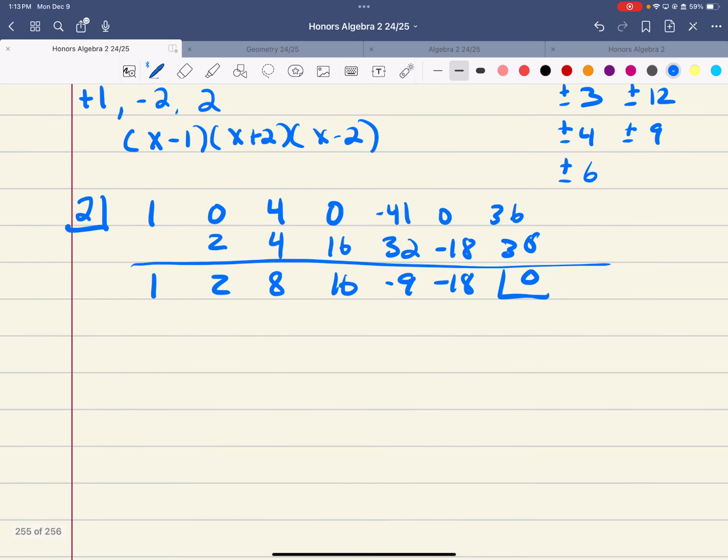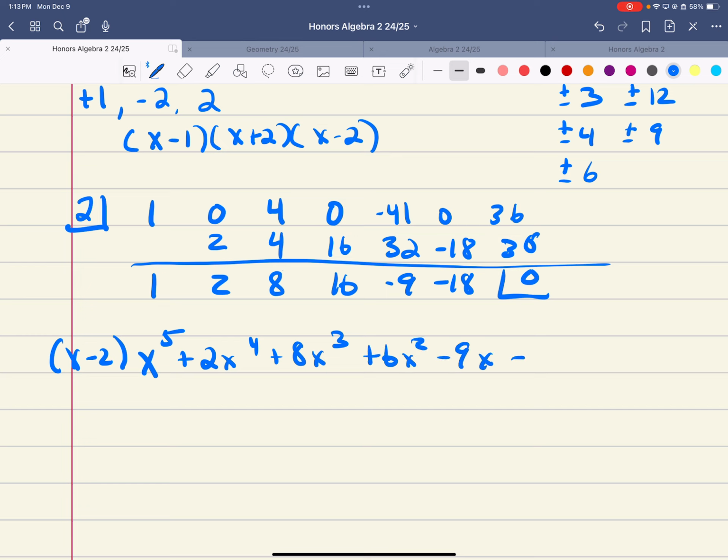So now we're left with x minus 2 times x to the 5th plus 2x to the 4th plus 8x cubed plus 16x squared minus 9x minus 18. All right, so now we're left with this mess, right?